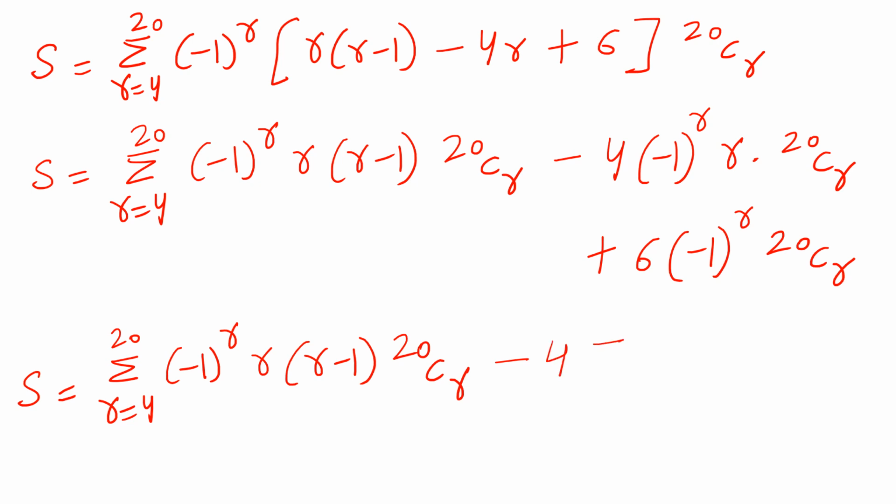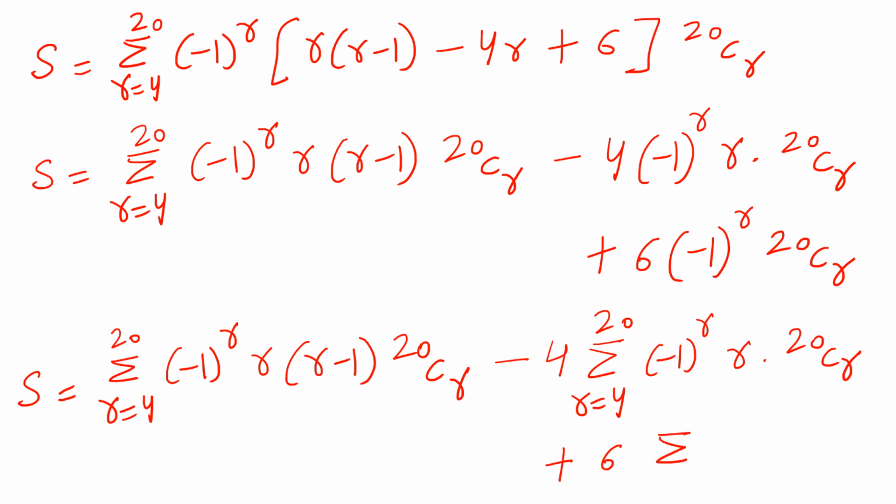So this becomes 4 into summation r varying from 4 to 20, (minus 1) to the power r into 20Cr. And then we have plus. From the third summation, we can take out 6 common. So this is 6 into summation r varying from 4 to 20, (minus 1) to the power r into 20Cr.